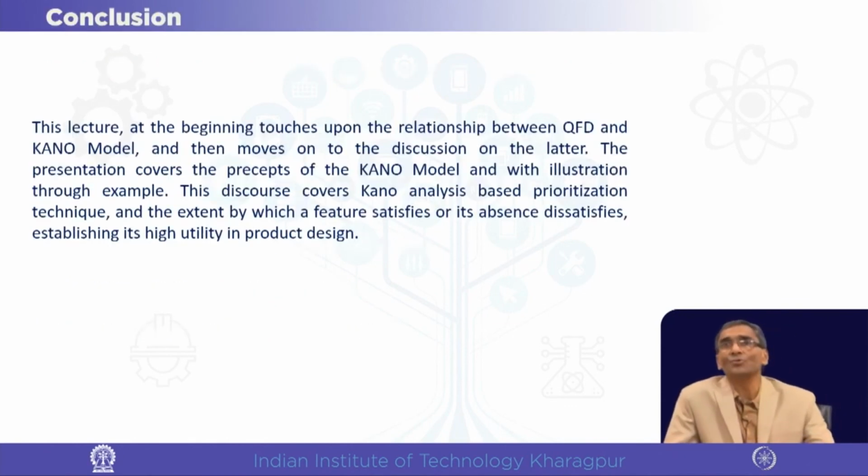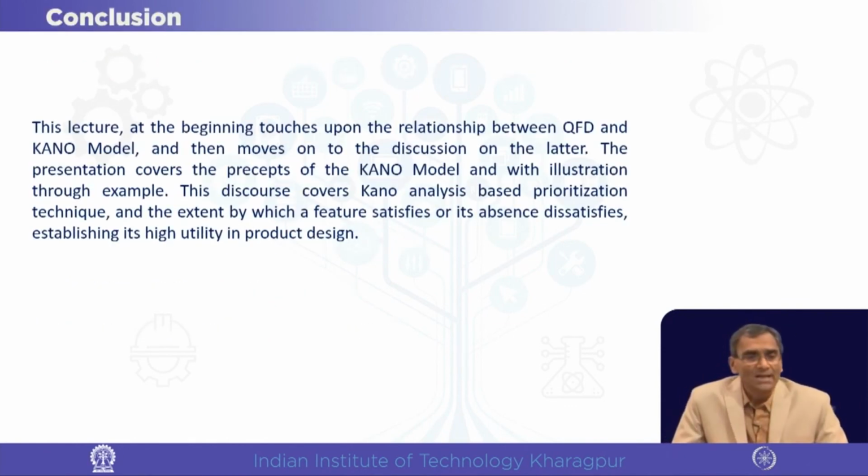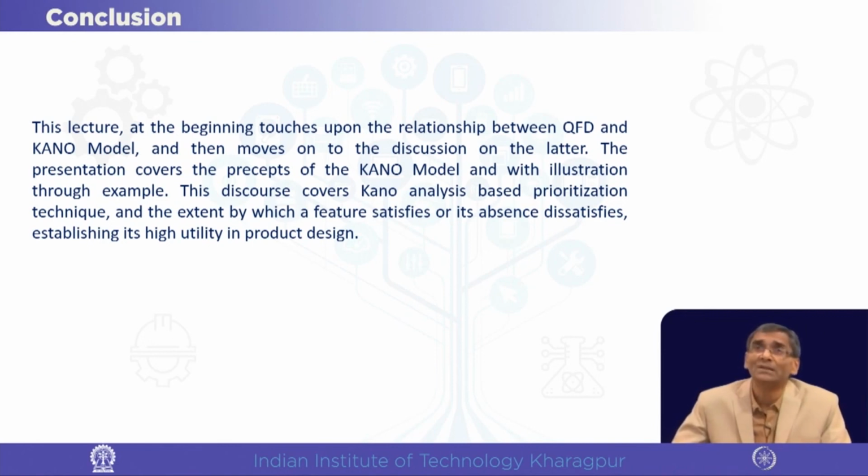So, in conclusion, we will say that the Kano model, which we started discussing taking the cue from QFD and then moved on to the Kano model, and which we are discussing in detail, shows that feature prioritization or feature selection is a very important factor in product design.